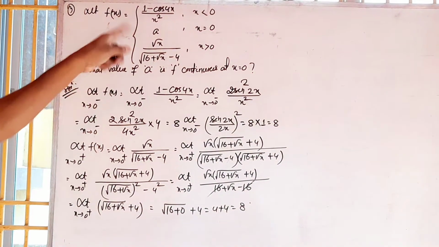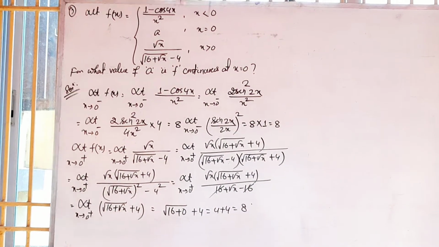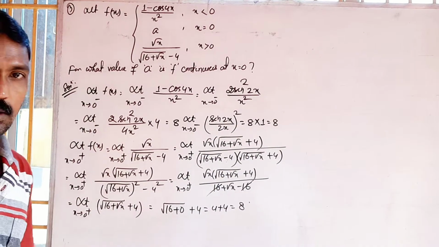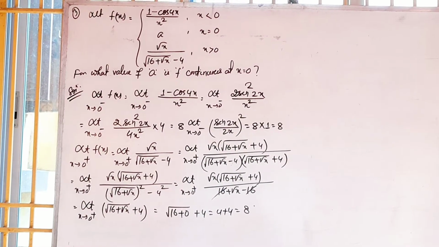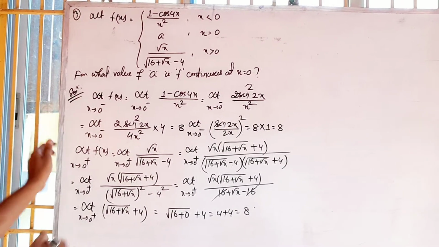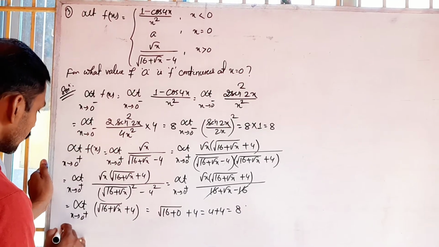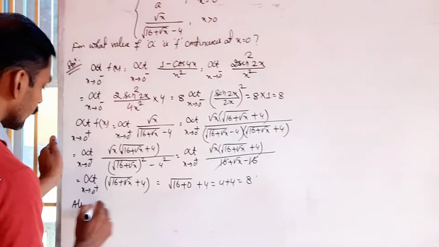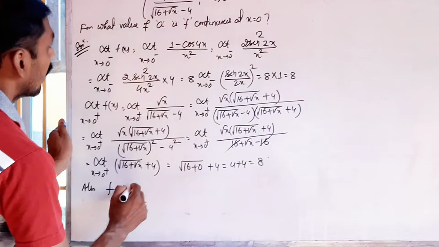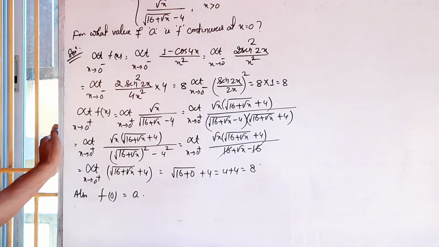Now you see left hand limit, right hand limit both are same, 8. Means limit of the function is 8. And now what is f of 0? f of 0 equal to 8. Okay.